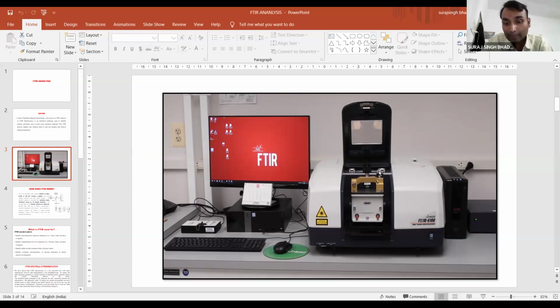It is a chamber of this FTIR, and here you have a lens through which you can analyze and pass the IR infrared beam through the sample. In this chamber, you have to take only one drop of your sample, which is placed over the lens.